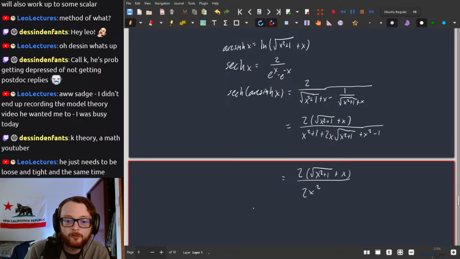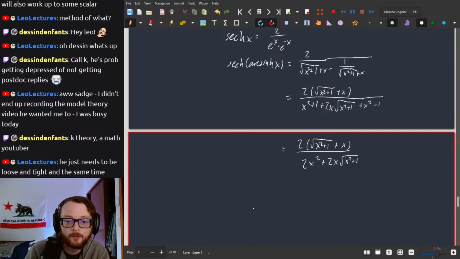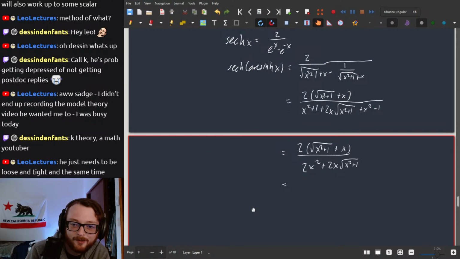Okay, we get 2x squared plus 2x root x squared plus 1. The 2's cancel. If we factor an x out of the bottom, I'm just getting 1 over x. Well, that's not right.